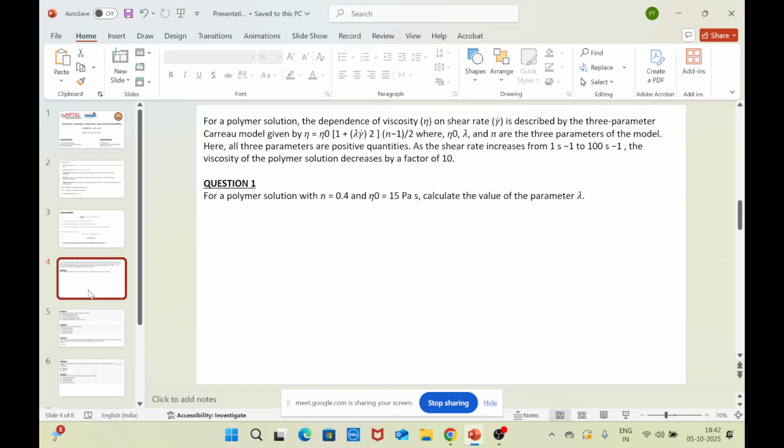Based on this information, we are supposed to calculate lambda, which is a characteristic time, or time constant, indicating how quickly the fluid's viscosity moves from the zero shear plateau to the power law region.